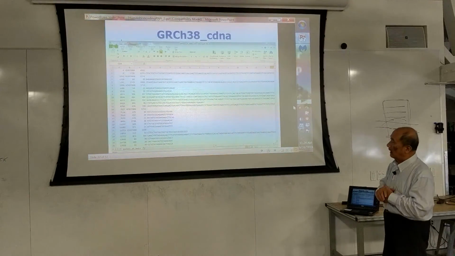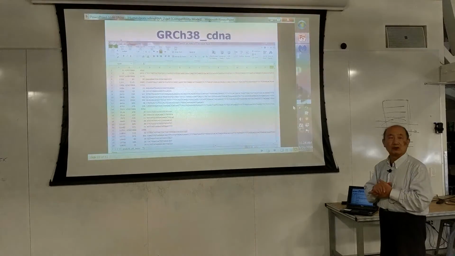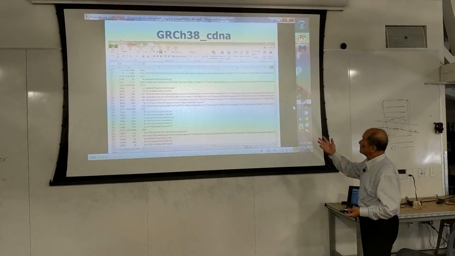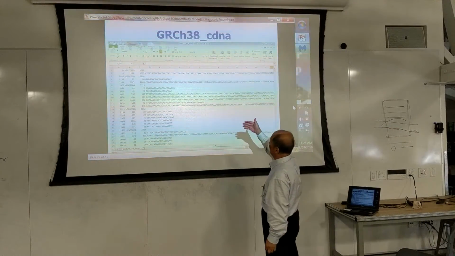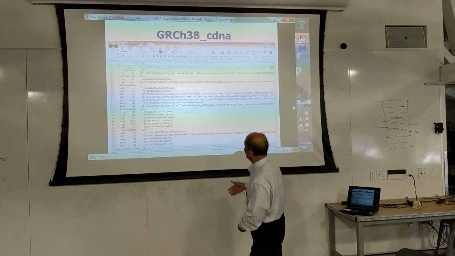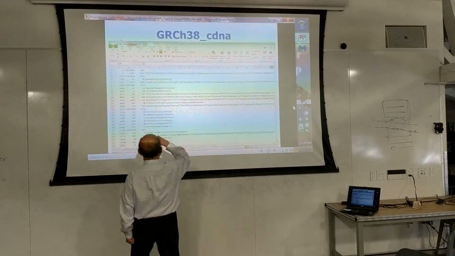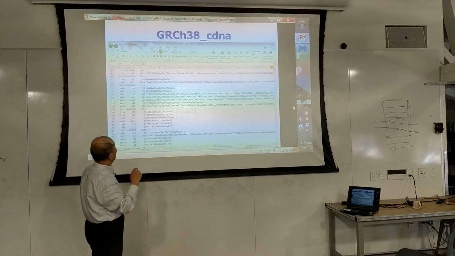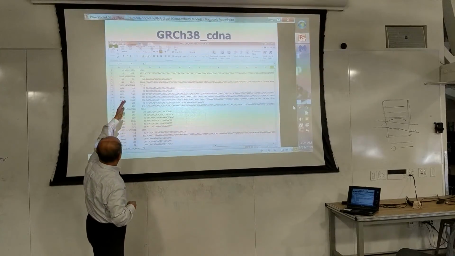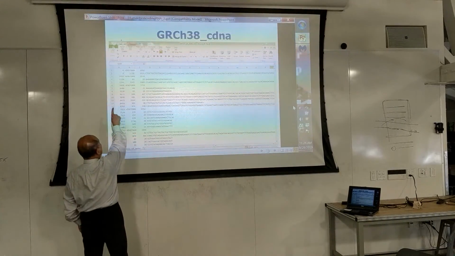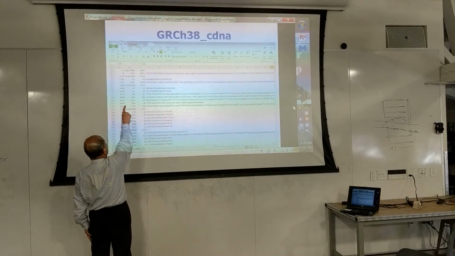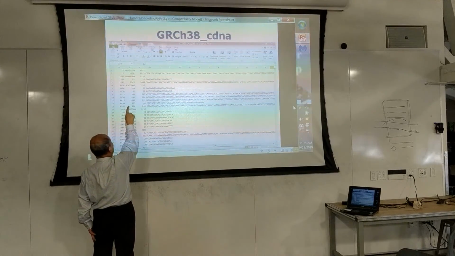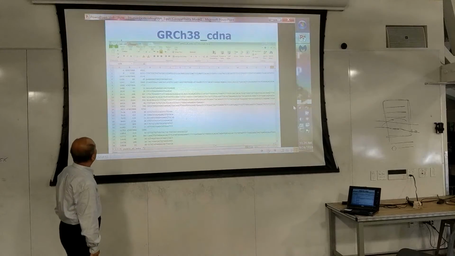So here I just want to show you the beginning of all these profiles. For the GRCh38 cDNA, you see lots of long pairs. The first one is 1032 base pairs long, and the next one is 2064.